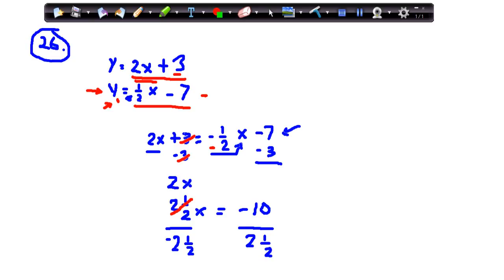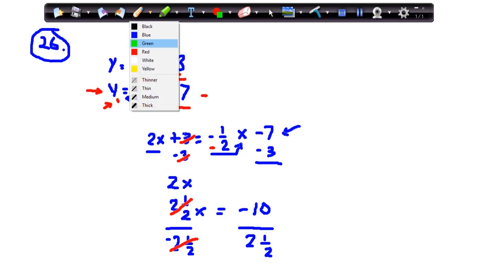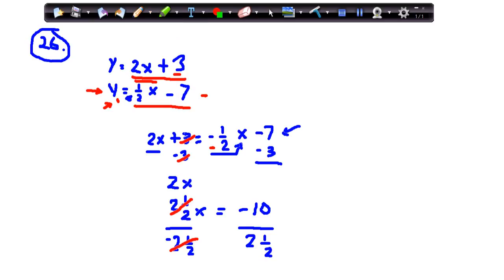When I divide this, that cancels out, and it leaves me with x. All I did is bring the x down. Bring down the equal sign. And now, negative 10 divided by 2.5.